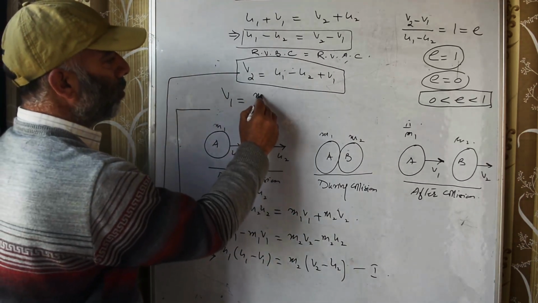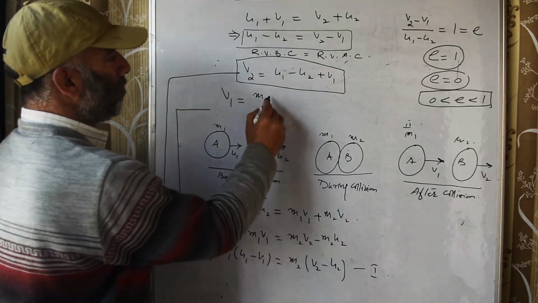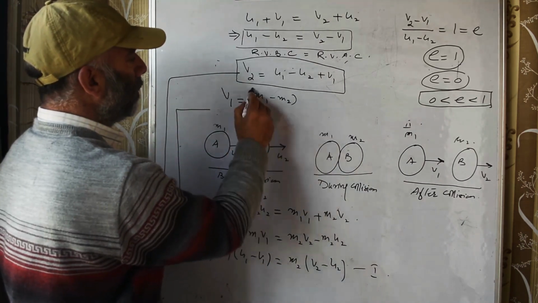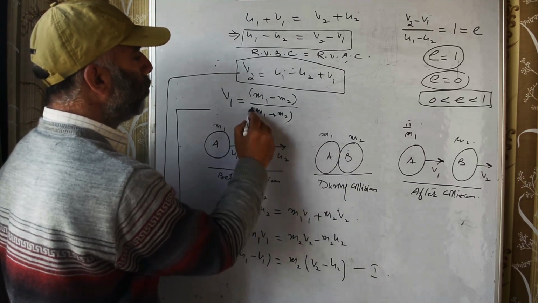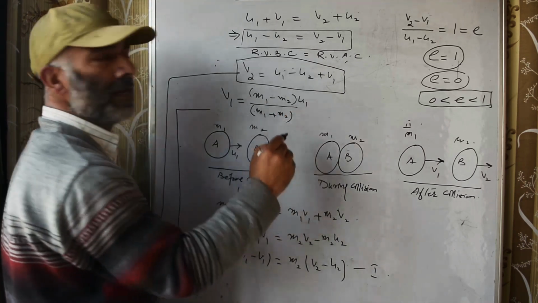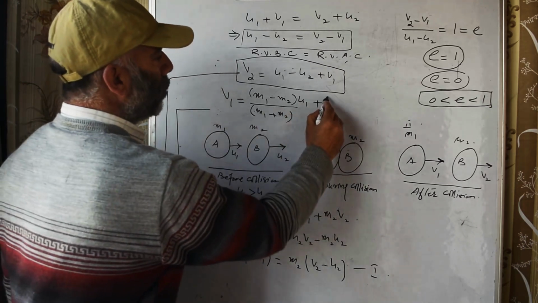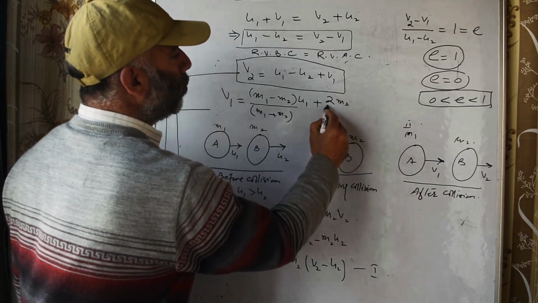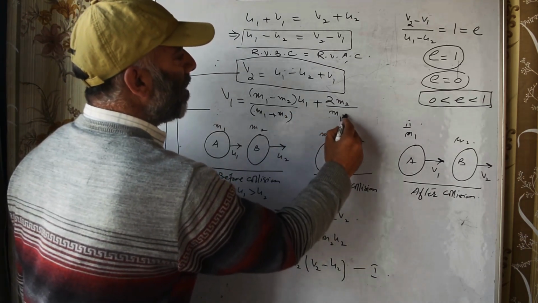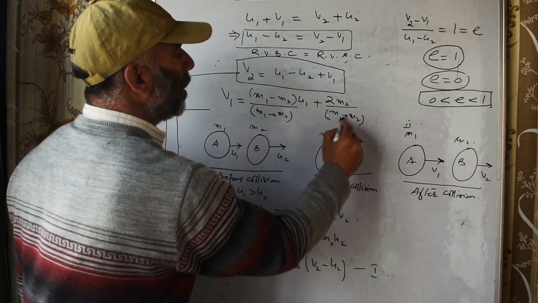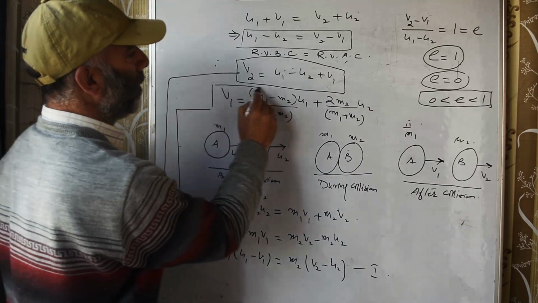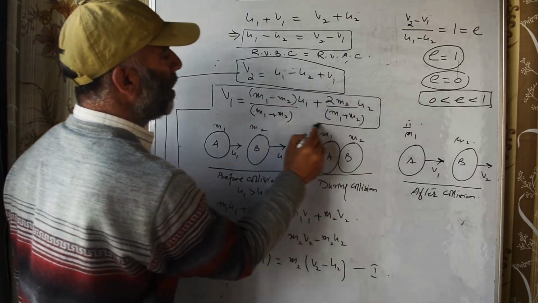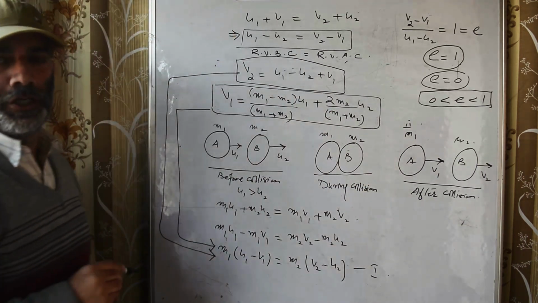V1 will be equal to (m1 minus m2) divided by (m1 plus m2) into u1 plus 2 times m2 divided by (m1 plus m2) into u2. Yeah, this is the equation for the velocity of the first body after collision.